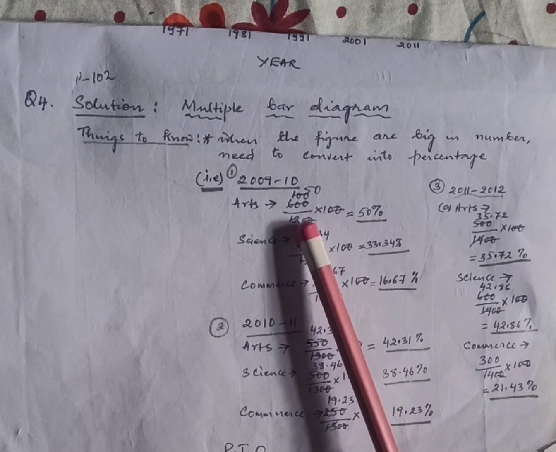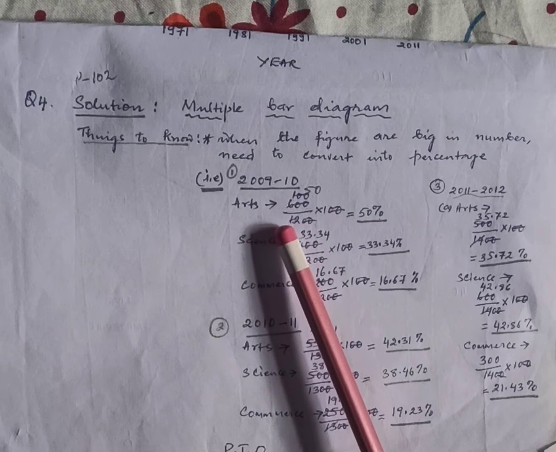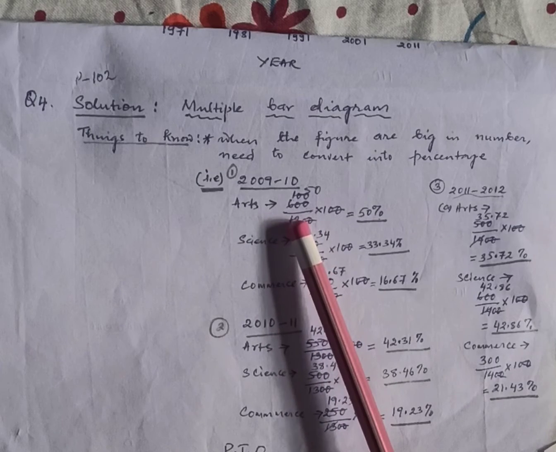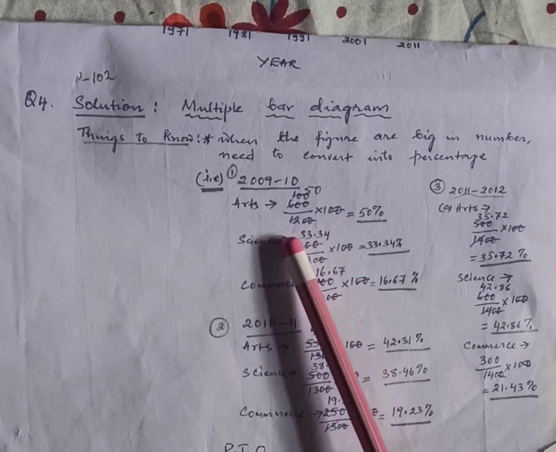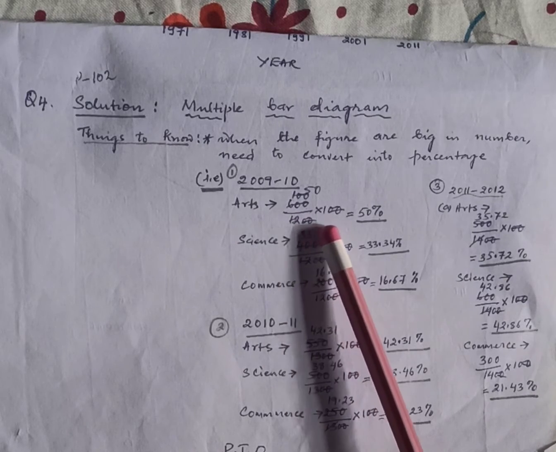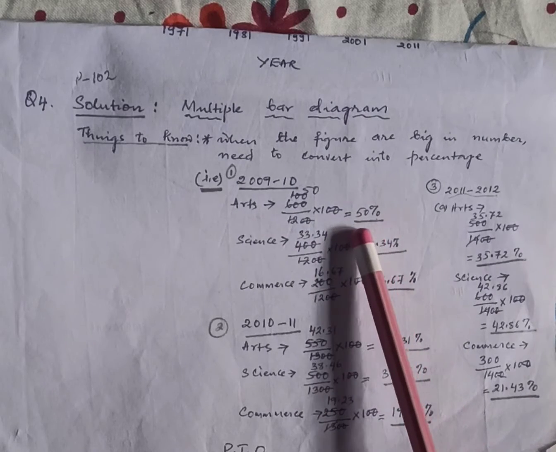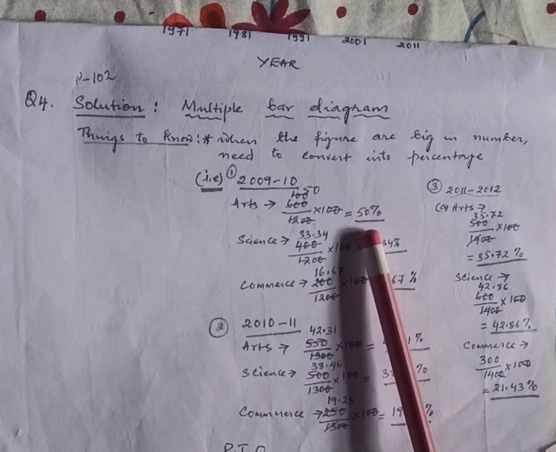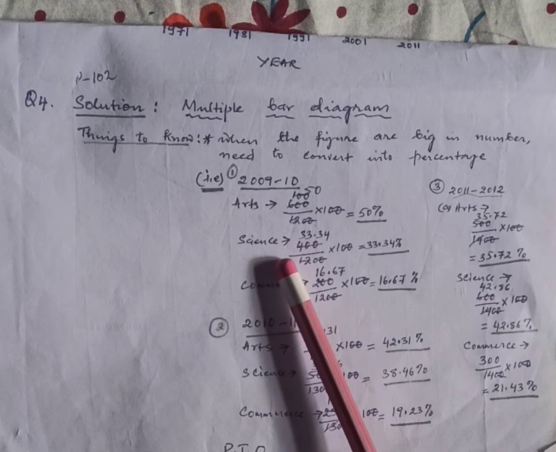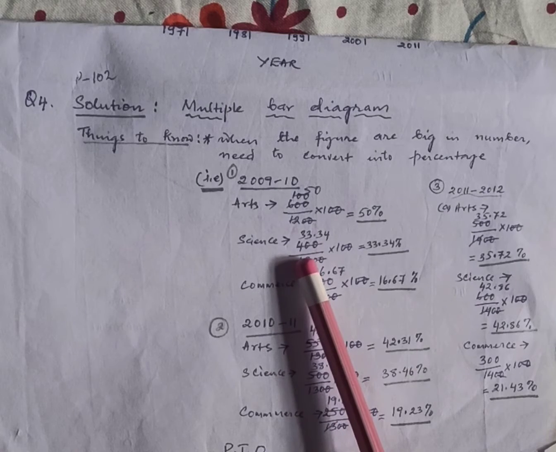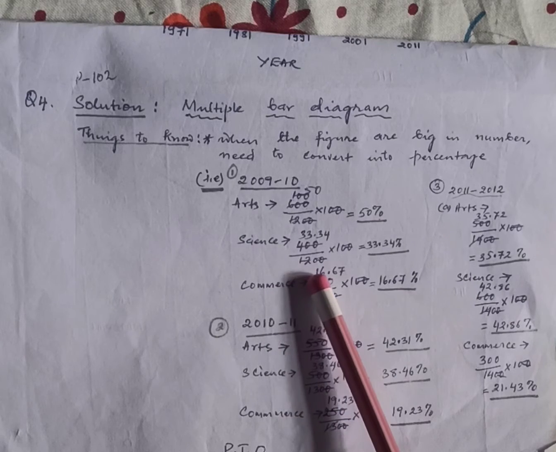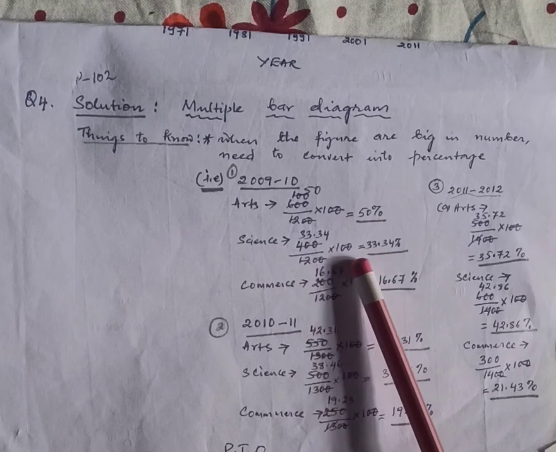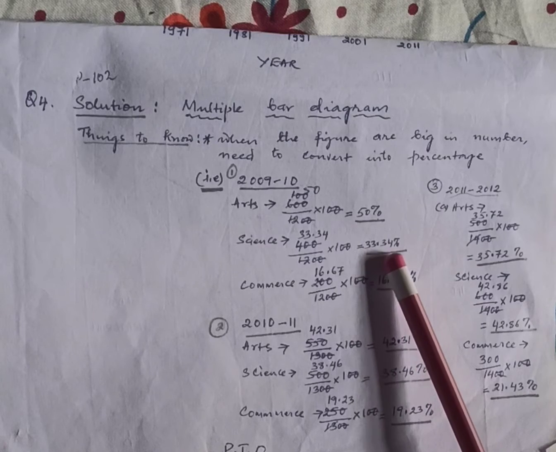So converting into percentage, for arts I take the figure given in the textbook, 600 divided by 1200 into 100. So I come to 50%. And science, the figure given is 400, so 400 divided by 1200 into 100, I got 33.34%.